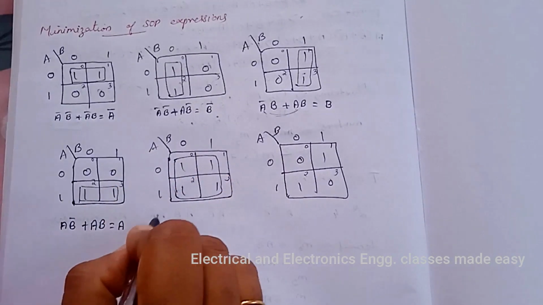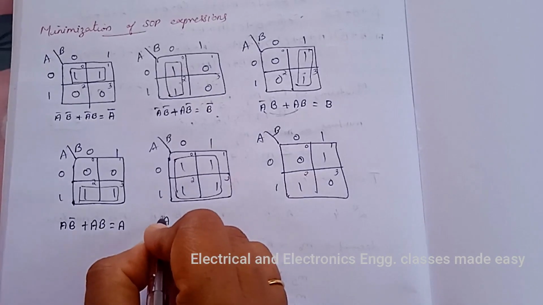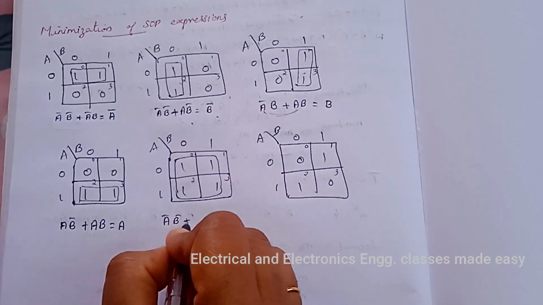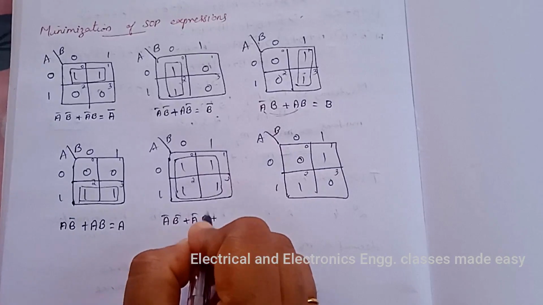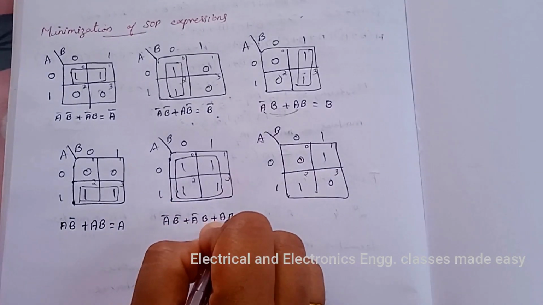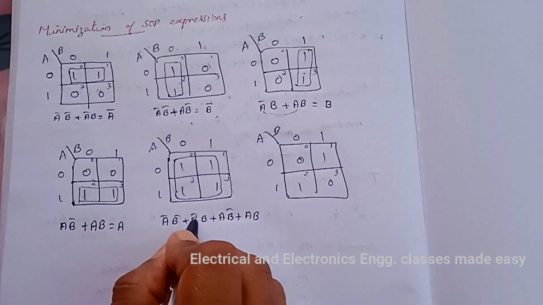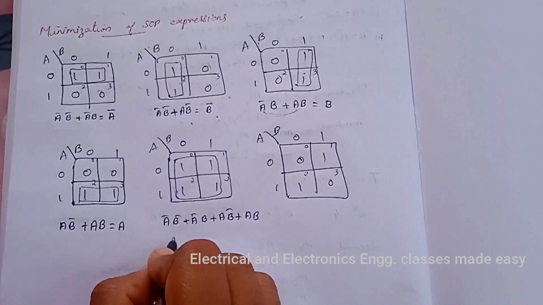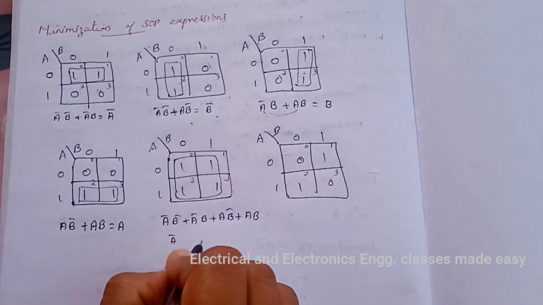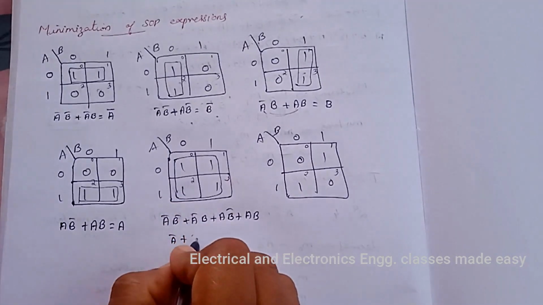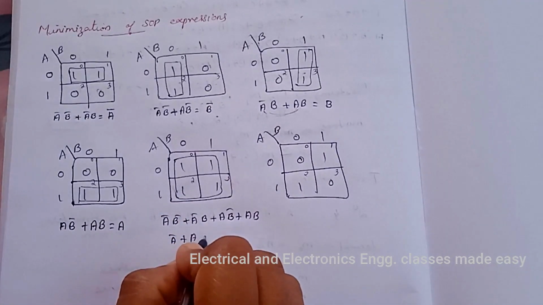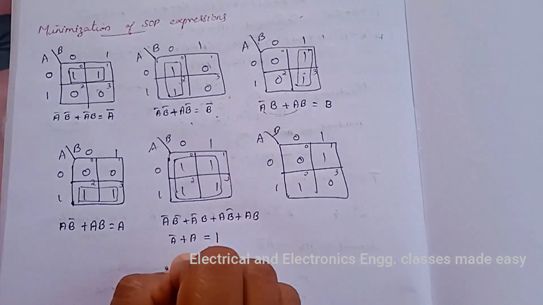That means here this is A bar B bar plus A bar B plus A B bar plus A B, and we get A bar plus A, and that is equal to 1.